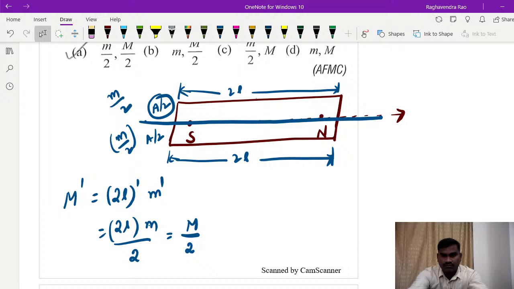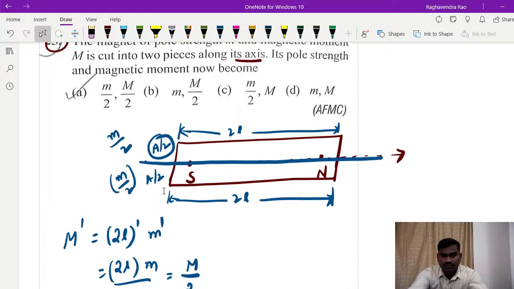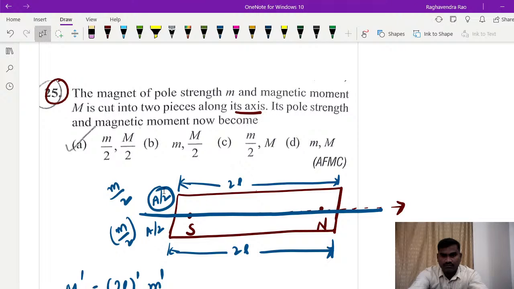So the magnetic moment becomes m by 2, and pole strength also becomes m by 2. Pole strength becomes m by 2, magnetic moment also becomes m by 2, but there is no change in magnetic length.